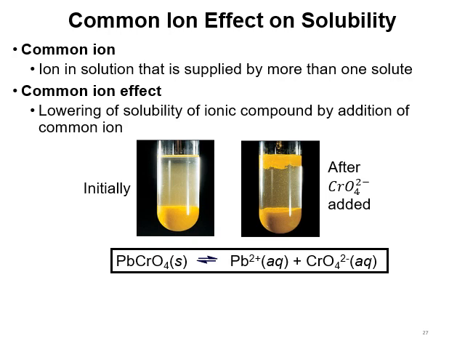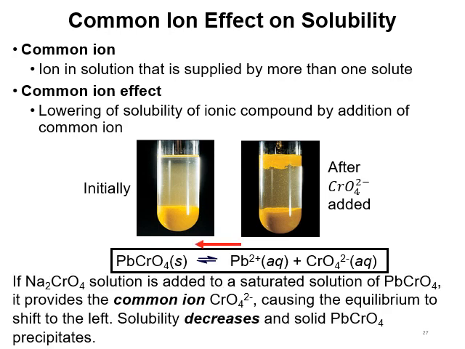So now if from outside I add some sodium chromate into the solution, which ions am I adding? I'm adding some sodium ions and I'm adding some chromate ions. So if I add more chromate ions, which is a product here, which direction will the reaction equilibrium shift? It's going to shift towards the solid lead chromate.